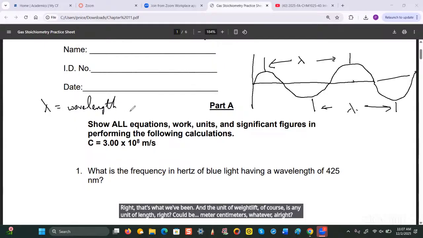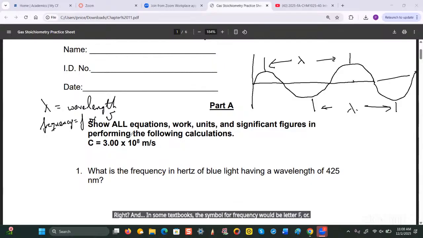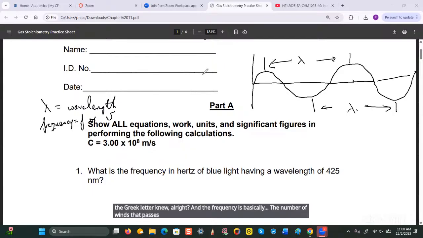Another property of a wave is what is called a frequency, right? And in some textbooks, the symbol for frequency would be the letter F or the Greek letter nu, all right? And the frequency is basically the number of wavelengths that passes a particular point as the wave is moving per second, all right?